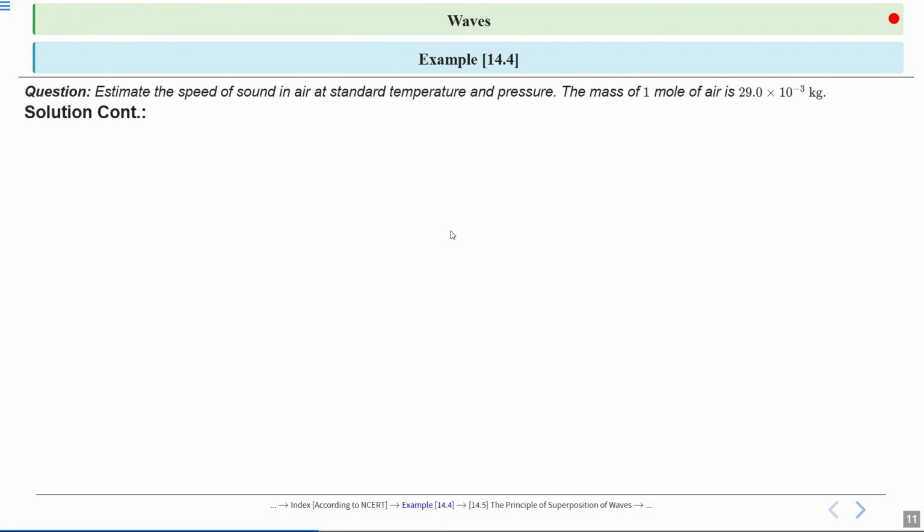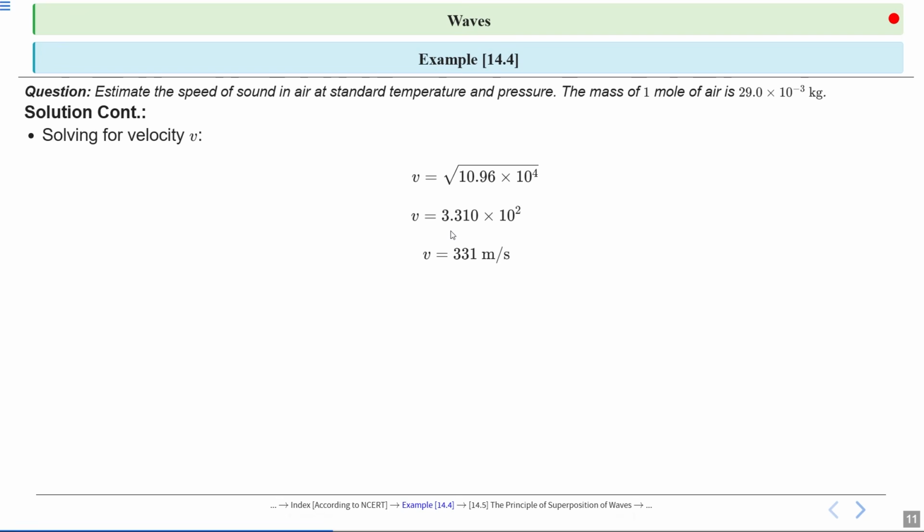Now let's solve for velocity of sound, which we represent as V. So the formula we are using is V equals the square root of 10.96 times 10 to the power of 4. So calculating the square root, we get V equals 3.310 times 10 to the power of 2. So V equal to 331 meter per second.